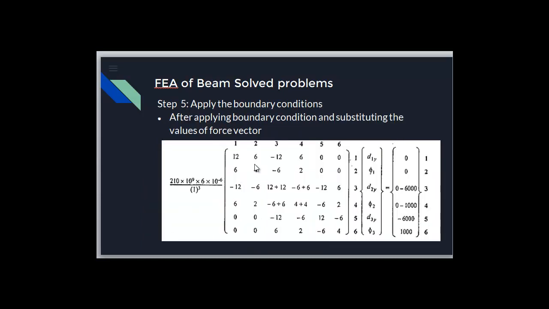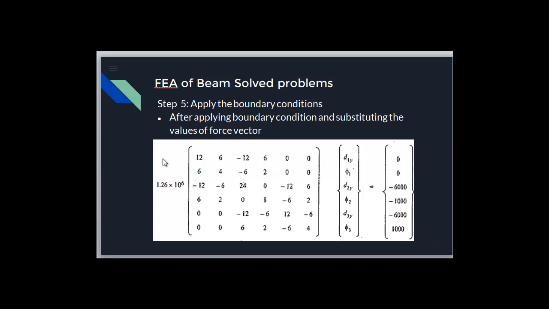After substituting the global stiffness matrix and its corresponding displacements and rotations, and calculating the equivalent load by using the tabulation or the general support condition with the fixed support moments and reactions, these can be substituted in the force vector. Based on the support condition, the boundary condition can be applied.